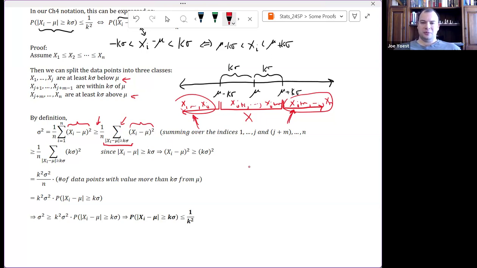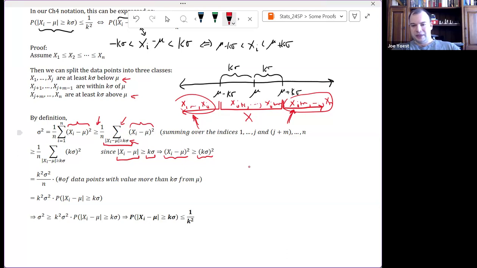For all of these data points that I'm interested in, the distance away from the mean is at least k sigma. And if I square both sides, I see that xi minus mu squared, for each of these data points that I'm choosing to sum over, has to be bigger than or equal to k sigma squared.